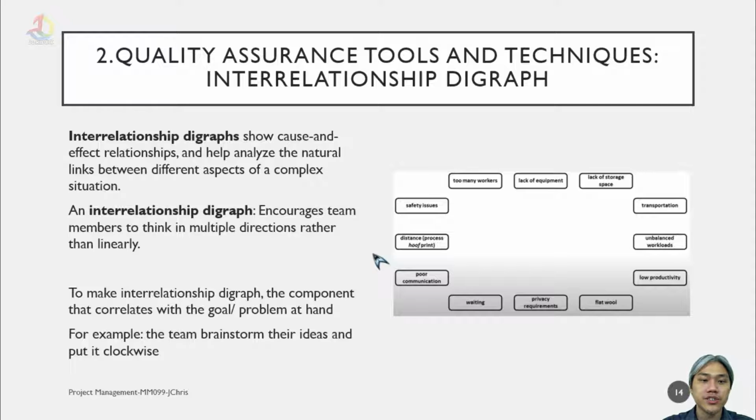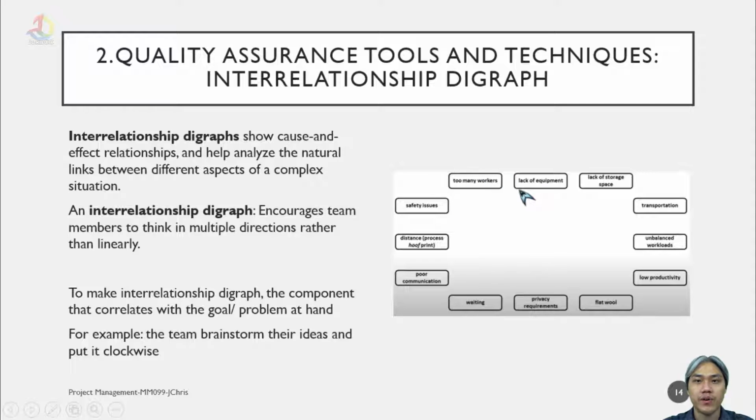To make an interrelationship diagram, the components that correlate with the goal or problem at hand are written down. For example, we gather our team and use a team brainstorm and have them state their ideas.